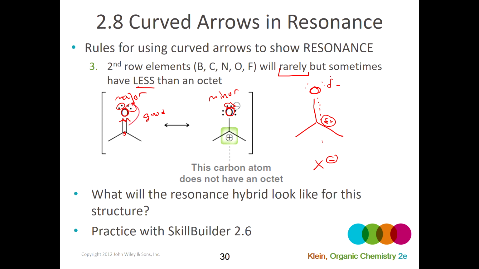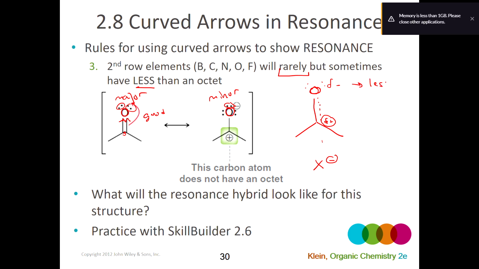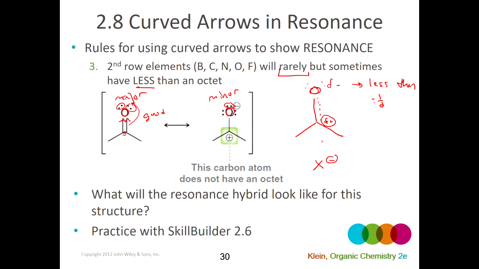I wouldn't expect you to calculate the exact fraction, because there's no way at this point to quantify how much the minor contributor contributes to the average versus how much the major contributor contributes. But we could say that the quantity of negative here is probably going to be less than 1/2, because 1/2 would be directly between 0 and -1.